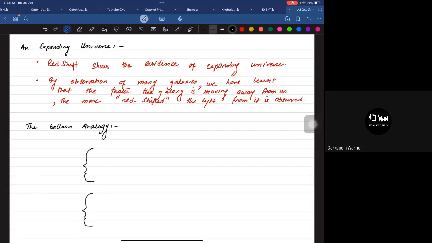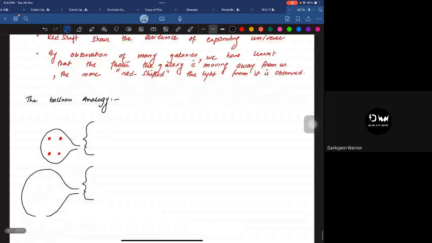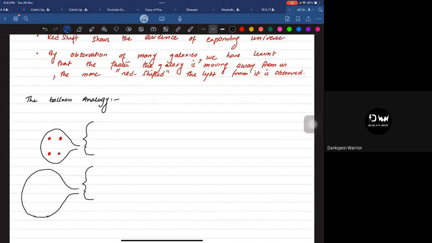Now suppose you get a balloon with those fancy polka dots on it. So there are 4 dots. And you fill in more air, so the balloon becomes bigger in size. So what happens is that with this balloon now, these polka dots will go away from each other more.